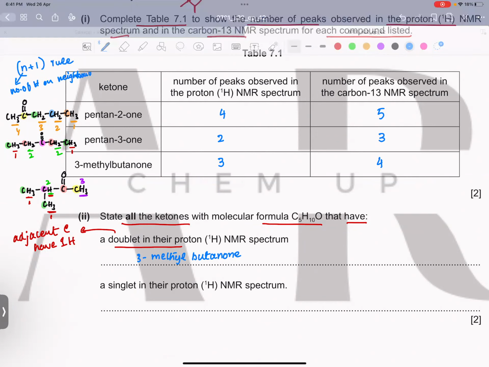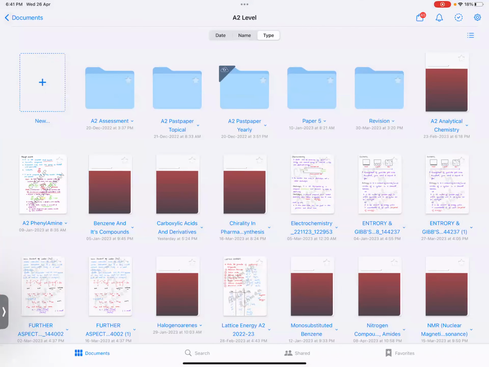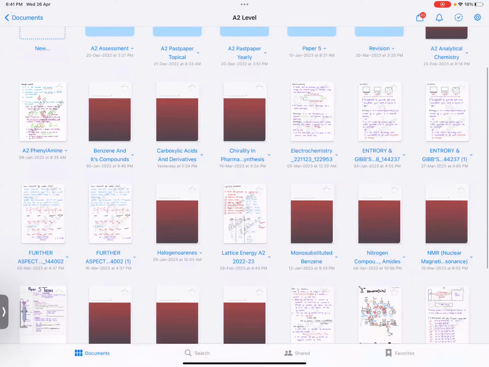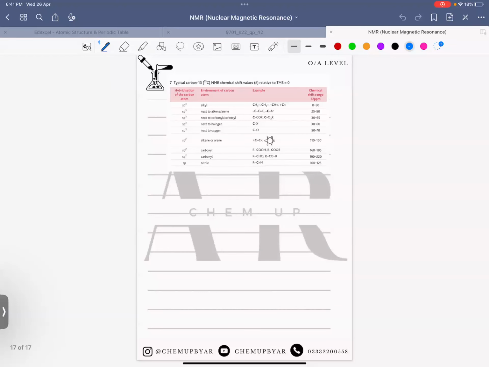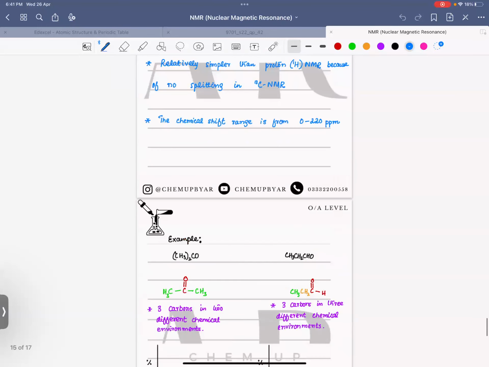Sir, the carbon has 2 hydrogens. You are talking about which carbon?